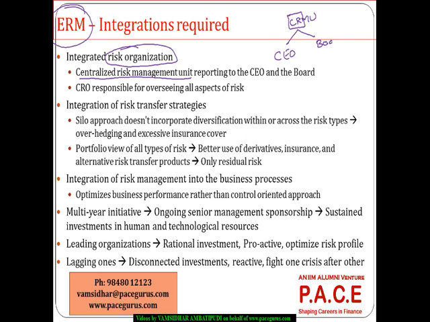There could be a dotted line relationship between the risk management and the board. There could be a solid line relationship with respect to the CEO, which means it's a completely different department, different career path, different track altogether, which is looking after all the departments of the organization from a risk management perspective.